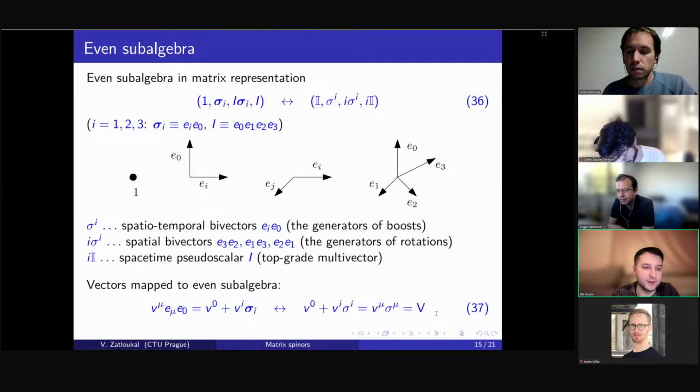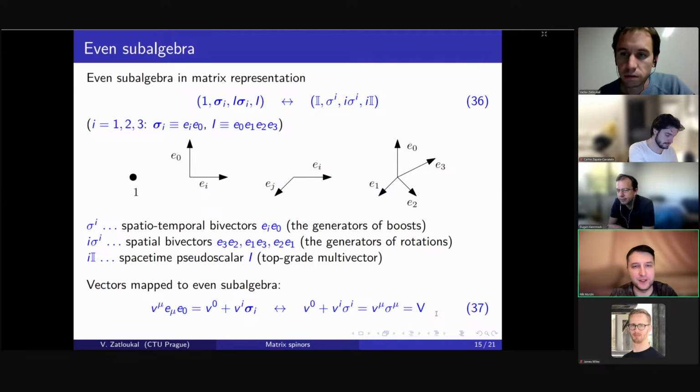I have another question. In general, your geometric algebra is for four dimensions, right? So you have a general matrix representation as 4x4, and for the even subalgebra it is 2x2. Is it just one block in the diagonal, or how do those two representations correspond to each other?